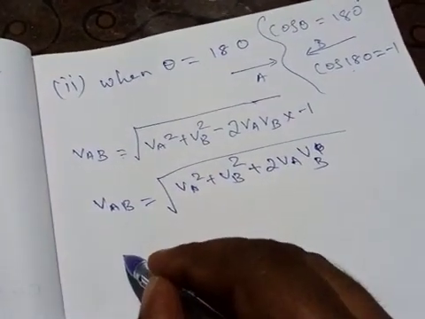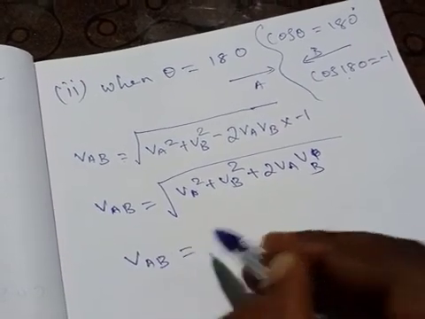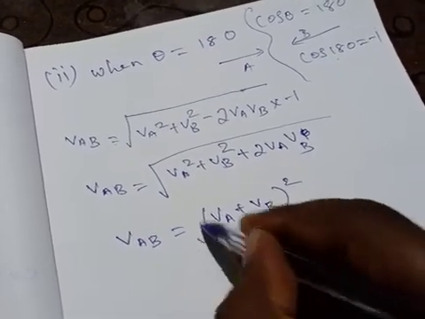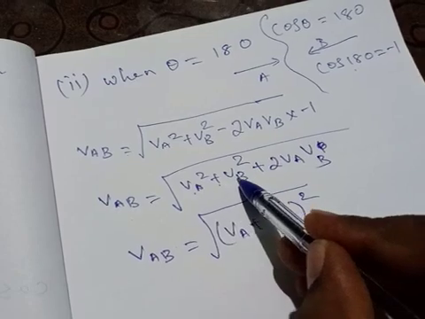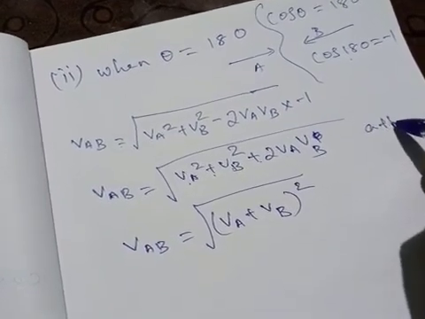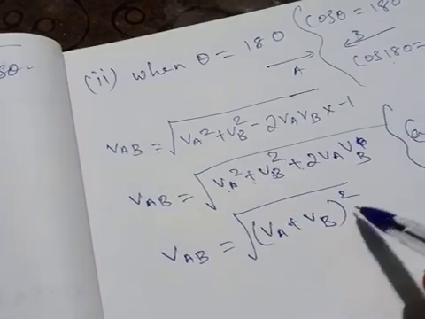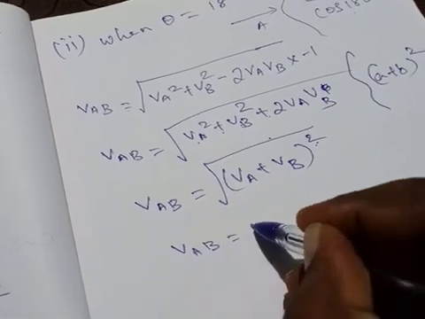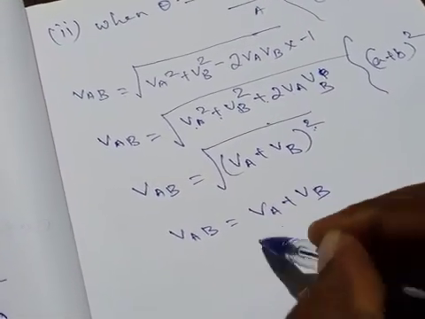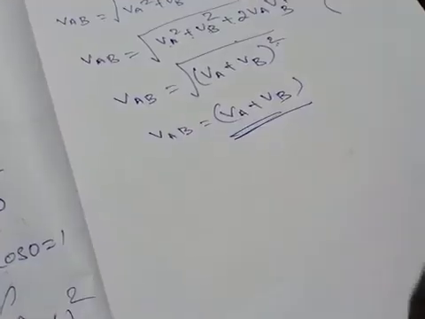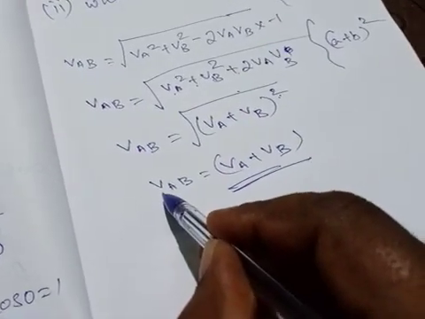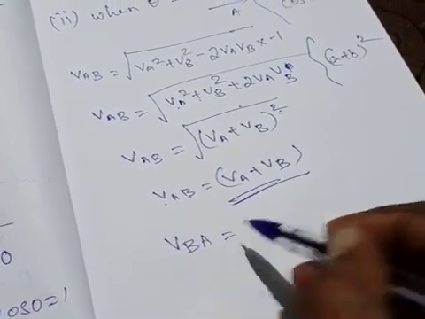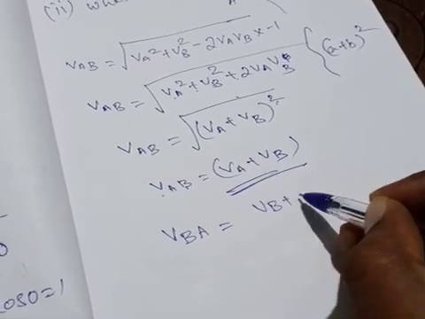So we can write VAB is equal to root of VA plus VB the whole square. You know that A square plus B square plus 2AB is A plus B the whole square. Now the square root and the square cancel. So VAB is equal to VA plus VB. This is the relative velocity of the object A with respect to B. Then the relative velocity of object B with respect to A will come as VB plus VA.